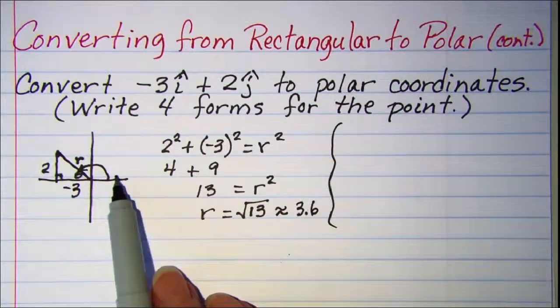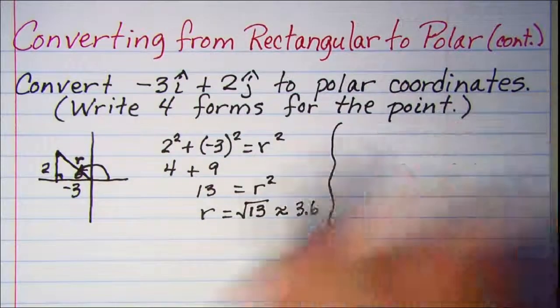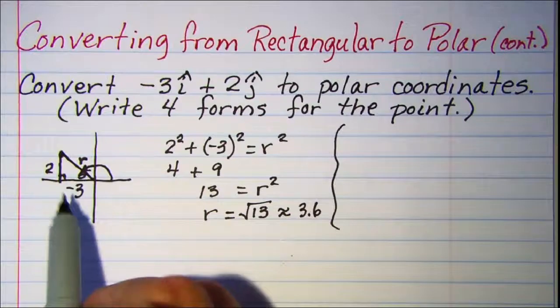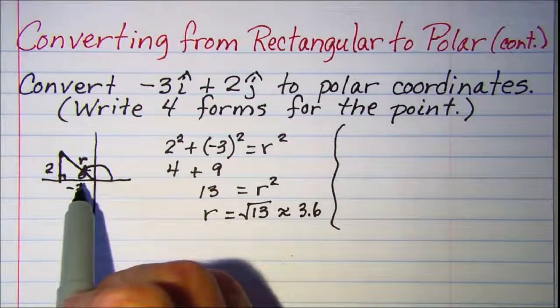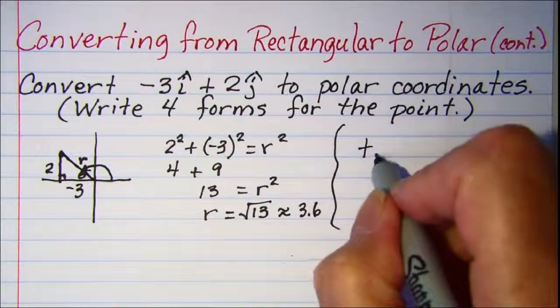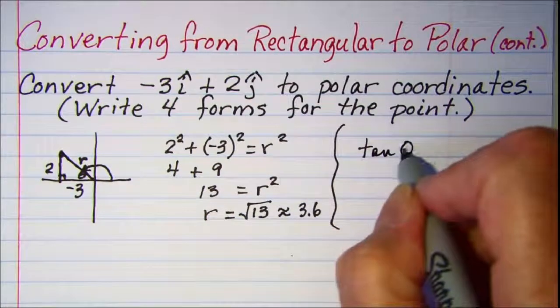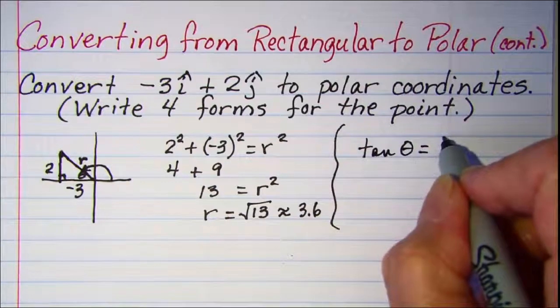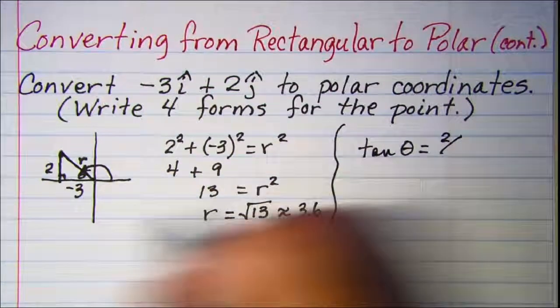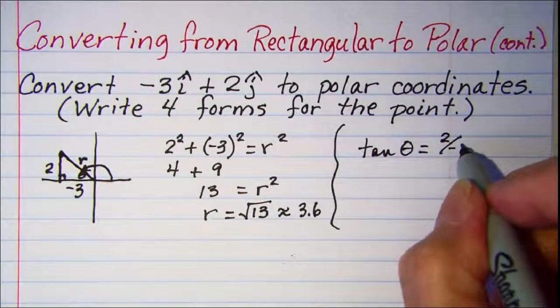Next, let's find theta. We can see that 2 is the side opposite theta, and negative 3 is the side adjacent, so we need to use the tangent function. Tangent theta is equal to opposite, which is 2, over negative 3, which is the adjacent.